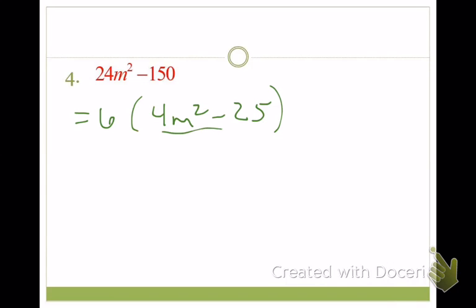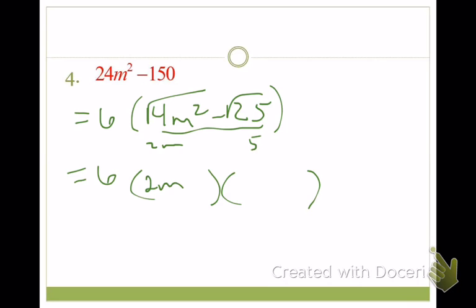Okay, now check for your difference of squares. Two terms, subtraction sign. If you square root 4m squared, you get 2m. You square root 25, you get 5. So you create your two sets of parentheses, 2m here, 2m here, 5, 5, plus, minus, and we're done.